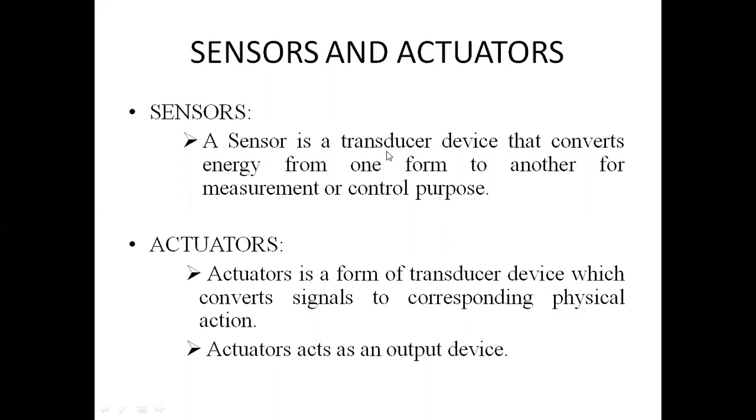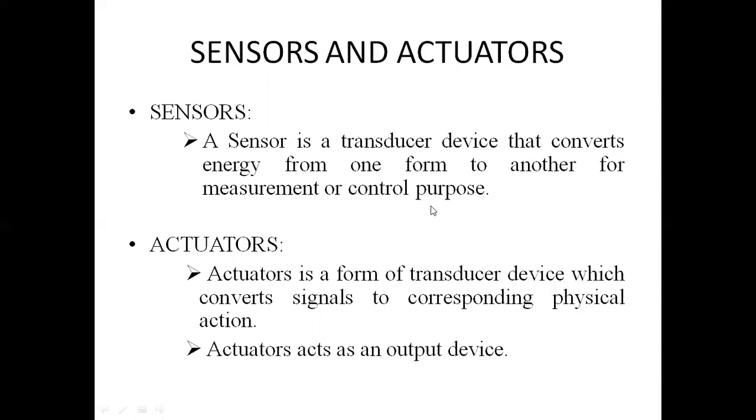Now we are going to see the definition of a sensor. A sensor is a transducer device that converts energy from one form to another for measurement or control purposes. Sensors are also called detectors.